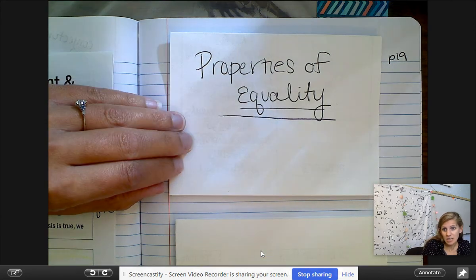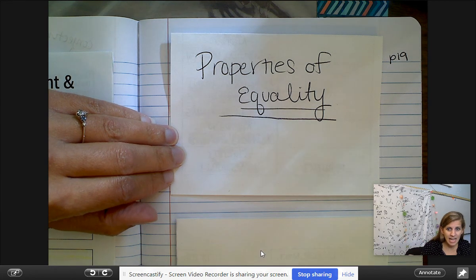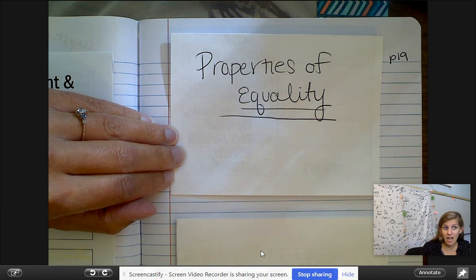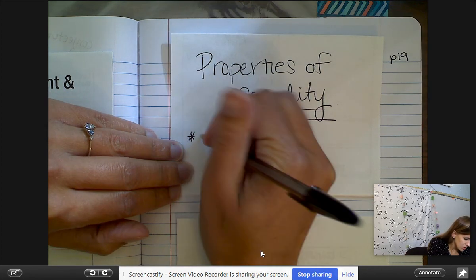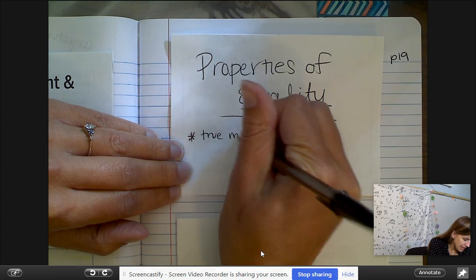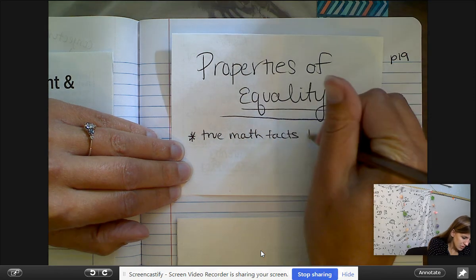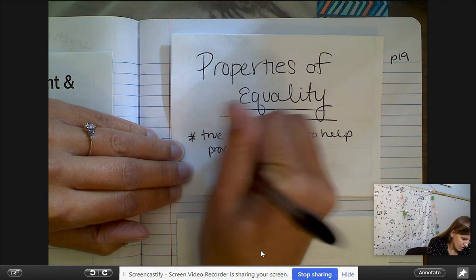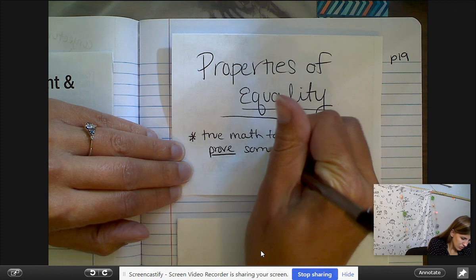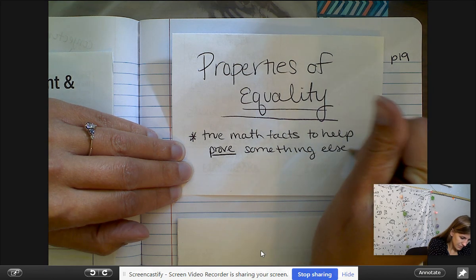Now we can use these properties of equality as true math facts to help us prove that something else is true.